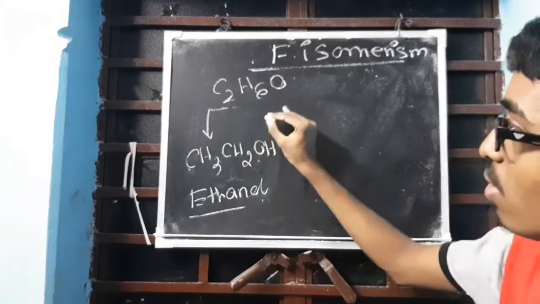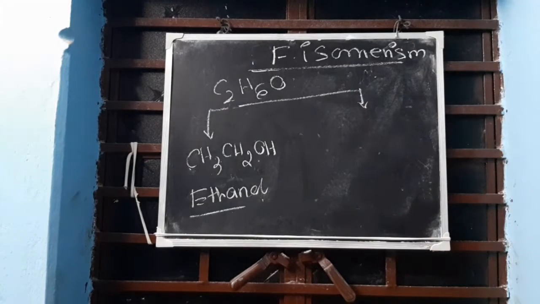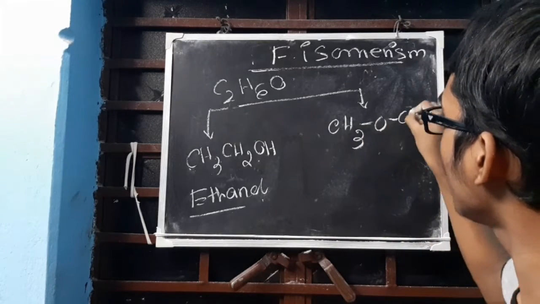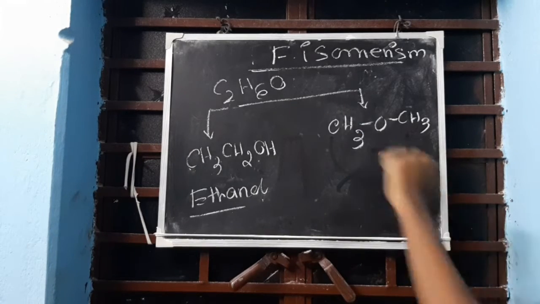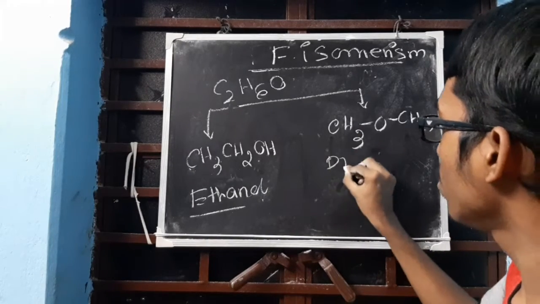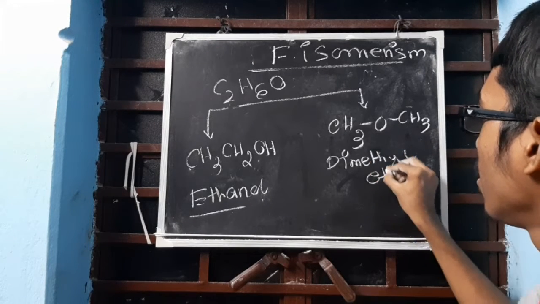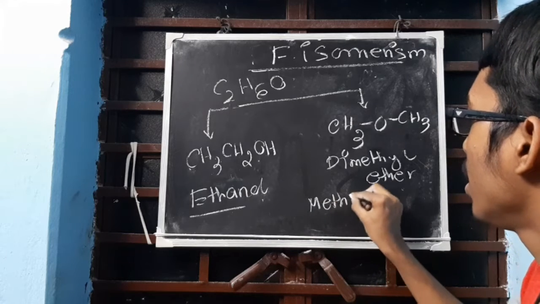Nothing wrong. Now, someone else can also argue. In what way will he argue? He will say, if I write this, is it wrong? This is also C2H6O. So what will I do? The common name of this is dimethyl ether and the IUPAC name is methoxymethane.